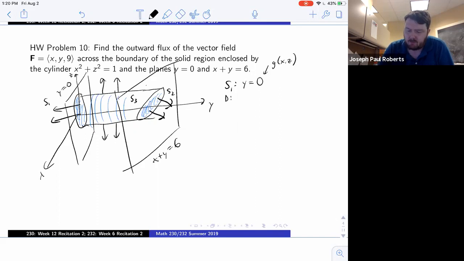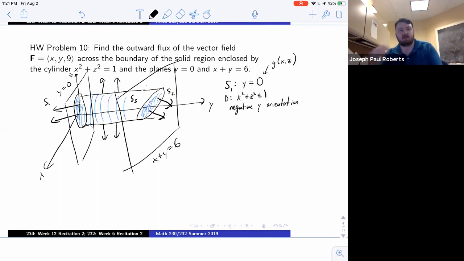And then what are the parameter values that give us this? Well, it's the unit disk. And then I could say leftward, or I could say negative Y orientation to indicate that the outward flux, we have to orient that part of the surface away from the positive x-axis. So that's what we're going to want to do for S1.